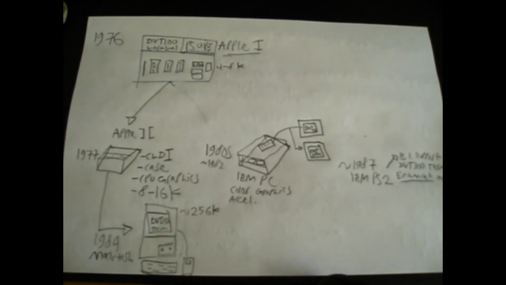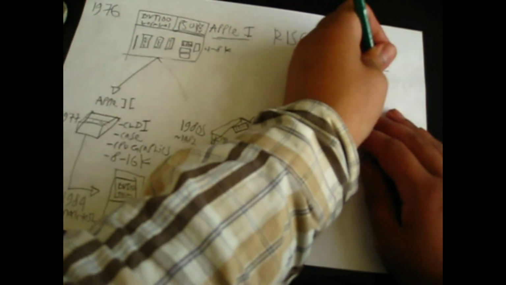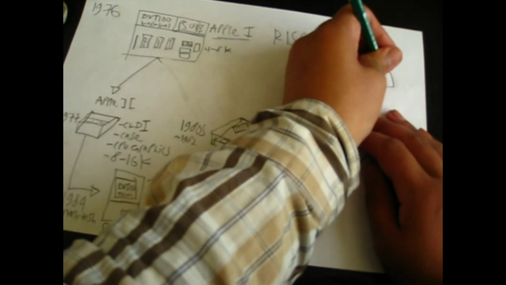Of course, by the mid to late 90s, RISC, reduced instruction set programming, would have become commonplace. The thing that nowadays powers the ARM processor.